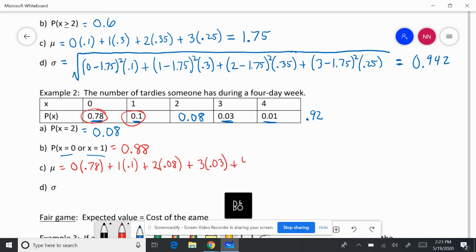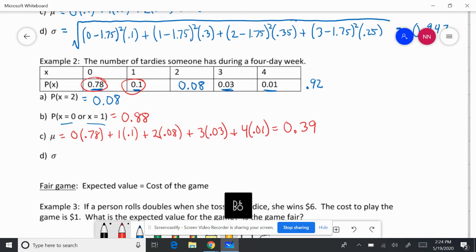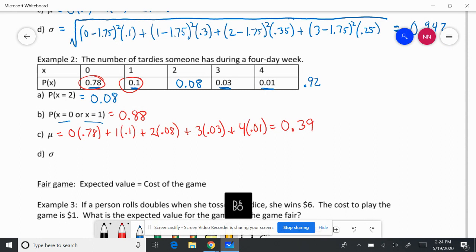And then I'm going to take the last x value and times it by its probability. Once again, I'm using my calculator in order to solve this. I'm plugging in each of the values. And when I do that, what I get is 0.39. So that means that on average a person gets about 0.39 targets. Obviously, nobody gets 0.39, but that's what the average is for all the classes.